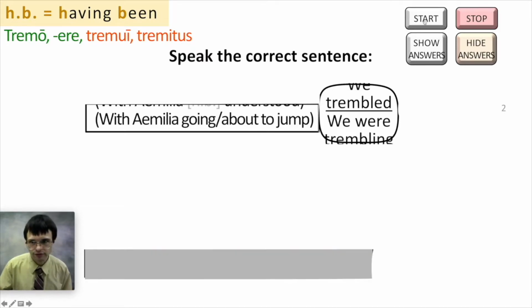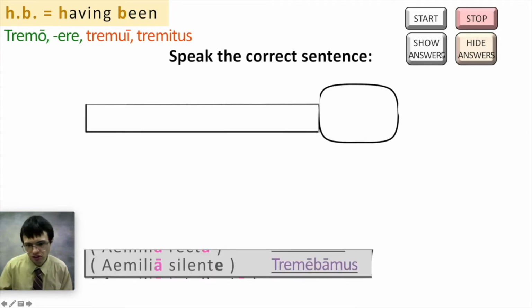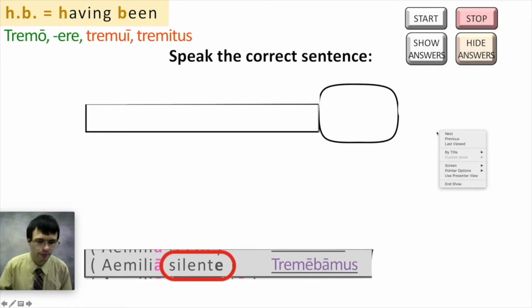Yeah, saltura, right. So just make sure you're able to recognize which participle. Which one would this one be? Being silent? P-R-A-B, yeah. Of course, you could do the second word, the main verb too. We were trembling. Tremebamos. Yeah, that's fine. But the main thing is to make sure you get each participle correct. All right, so try this and then start the video again when you're ready to move on.